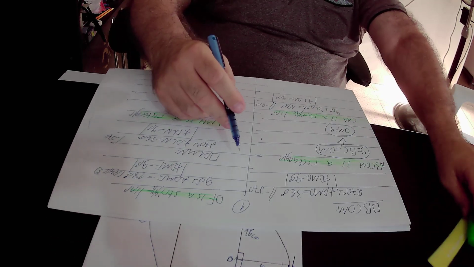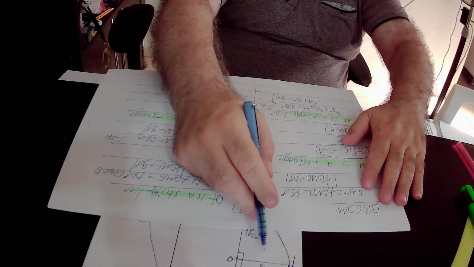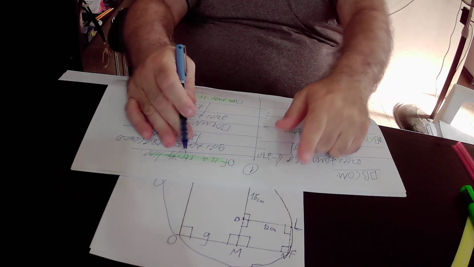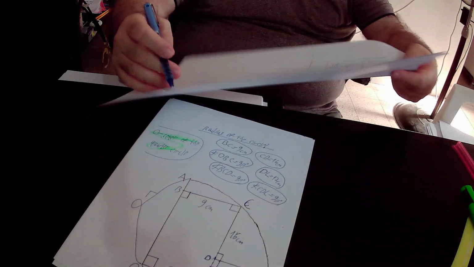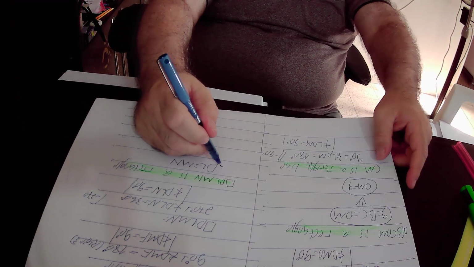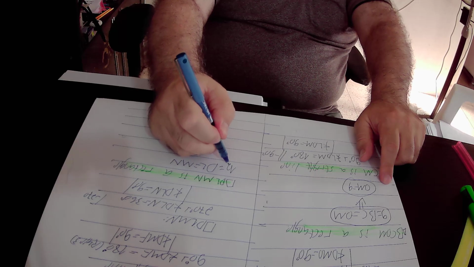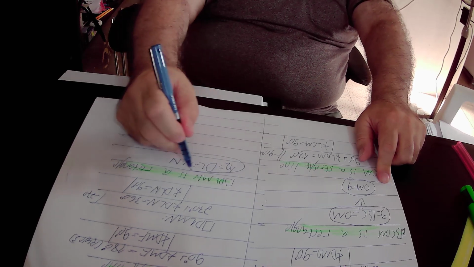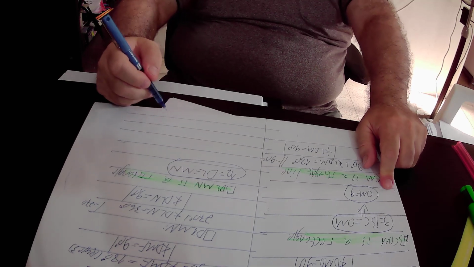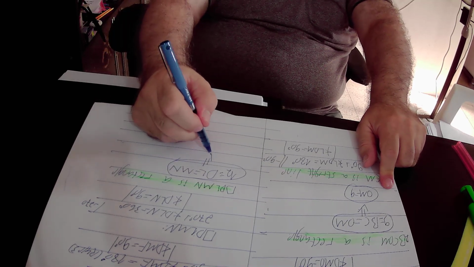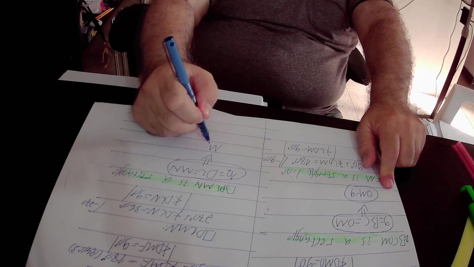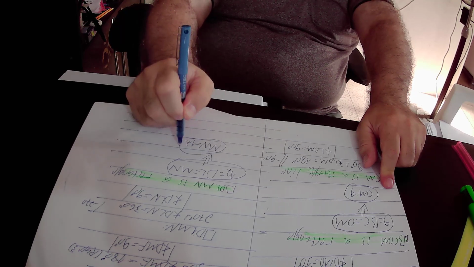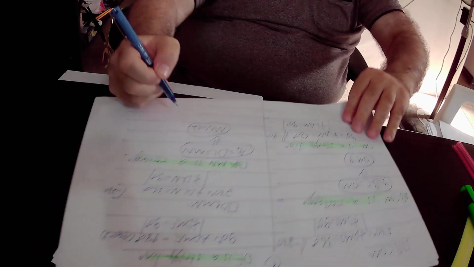But it is given in the question that DL equals 12 units. So we can write down that DL equals 12. And from this equation, 12 equals DL equals MN, we derive that MN is also equal to 12 units.